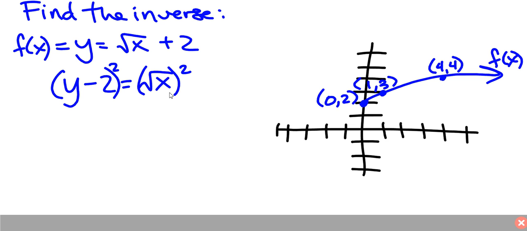So go back to where we wrote that for the last graph, the graph at the top of this page, to remind yourself when you do the plus or minus. So this will end up with x equals y minus 2 squared. We switch our x and y.